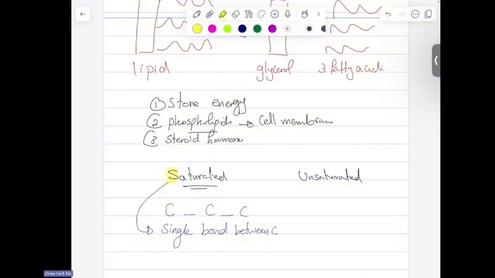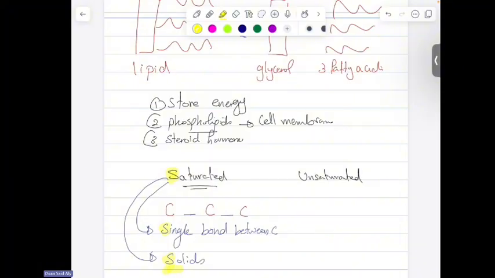Okay, same letter S, saturated, single. And what about their state at the room temperature? They are solids at the room temperature. Look at the triple S. Saturated, single bond, and they are solids.